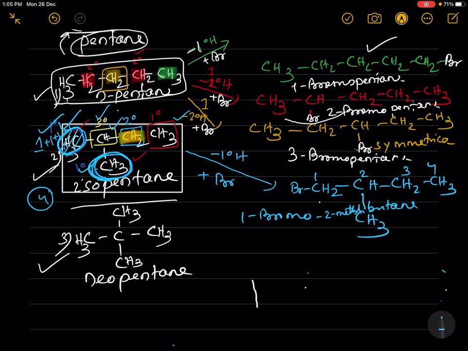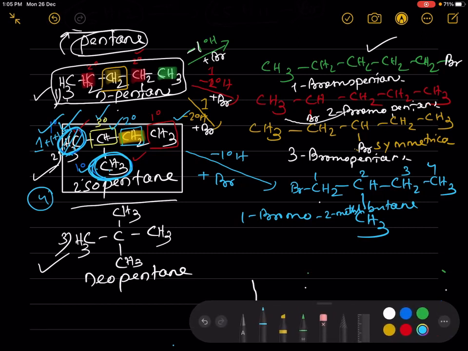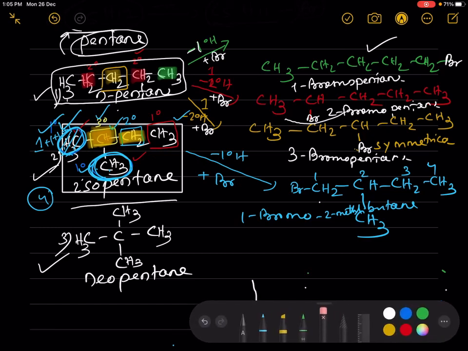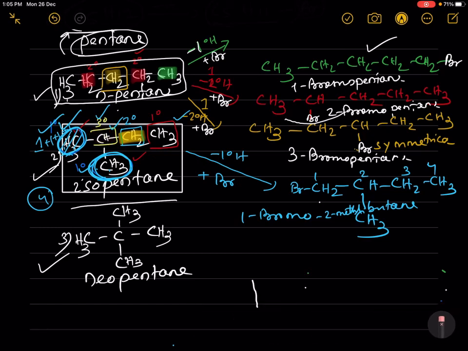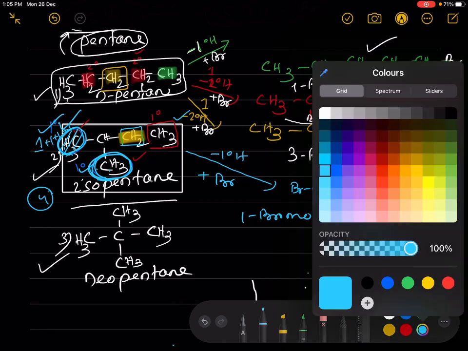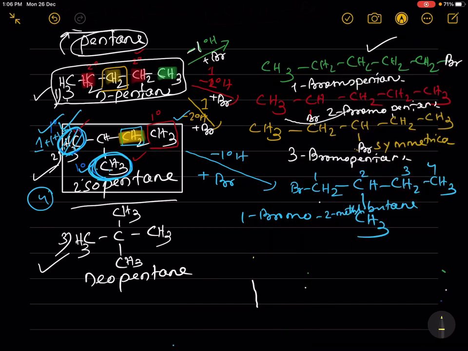Then we have to remove a hydrogen atom from this yellow color, from this part. This is a tertiary carbon. We have to remove a tertiary hydrogen atom and add 1 bromine.